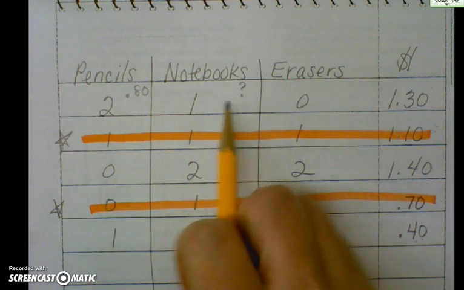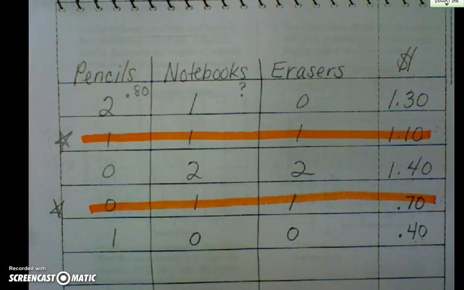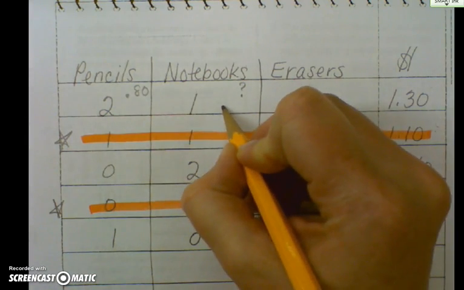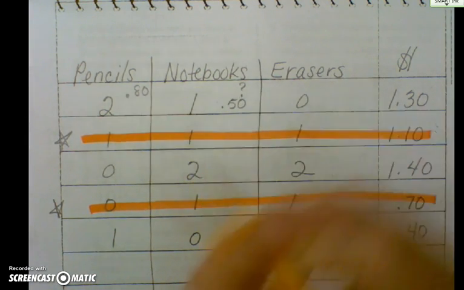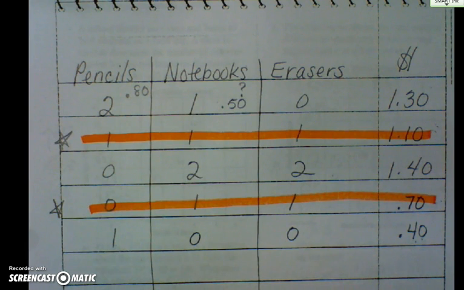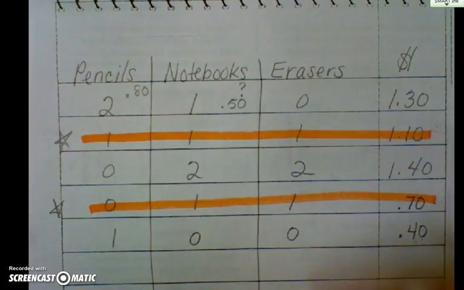So 80 plus what gives me $1.30? 80 plus, I think, 50 cents gives me $1.30. So I know that 1 notebook costs 50 cents.